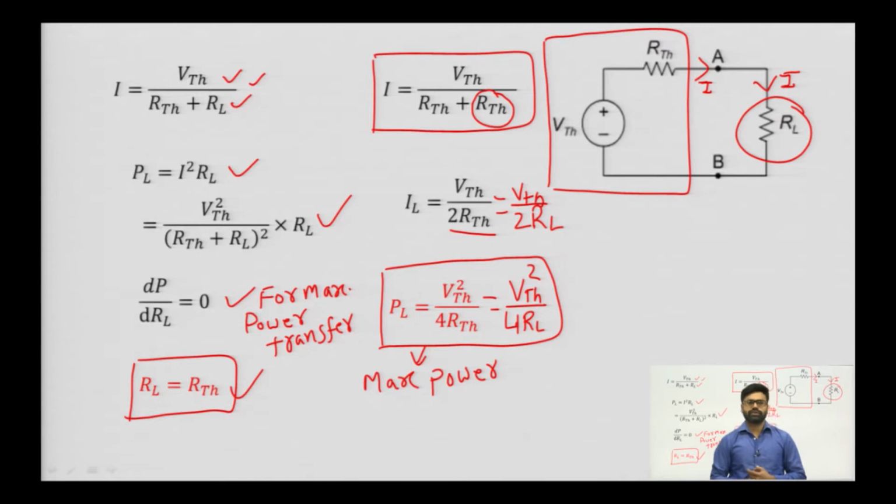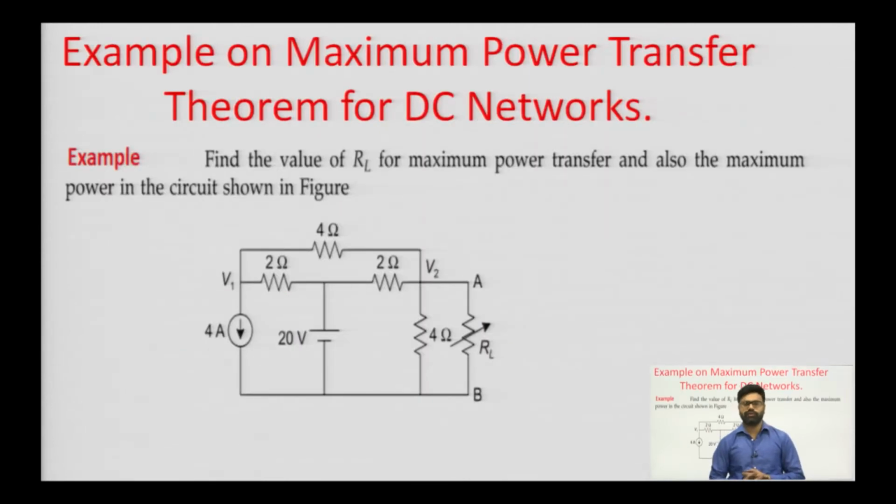Now, we will see one question and how it will be applied in case we have a DC network. We do not have any AC source and we do not have any inductor or capacitor in this question. Now, in this question we need to find the RL for maximum power transfer. First of all, to find the RL we have seen that RL must be equal to RTH for maximum power transfer.